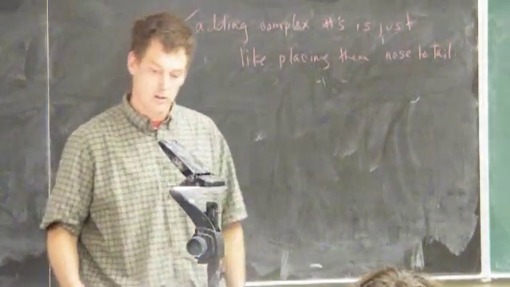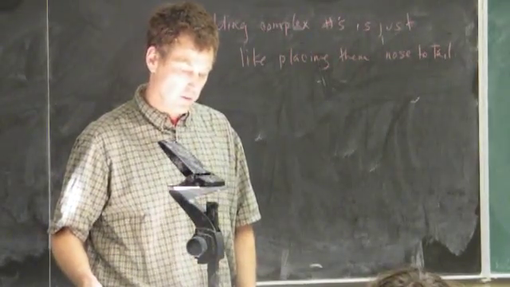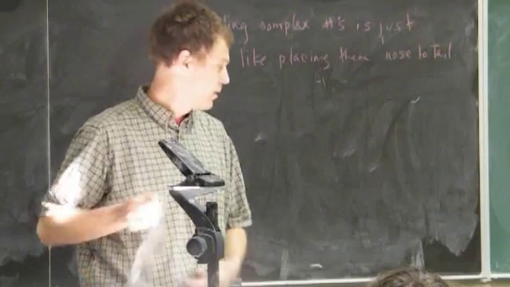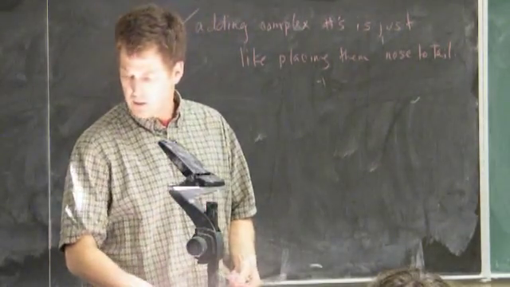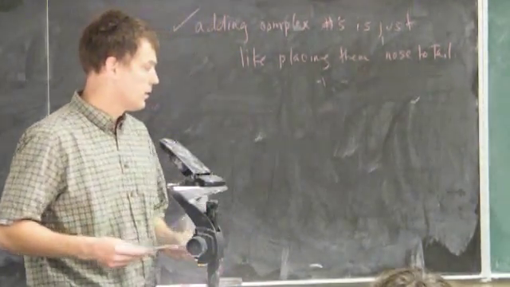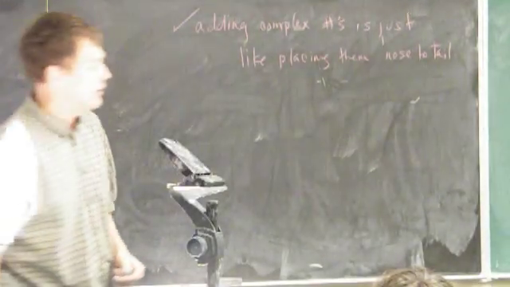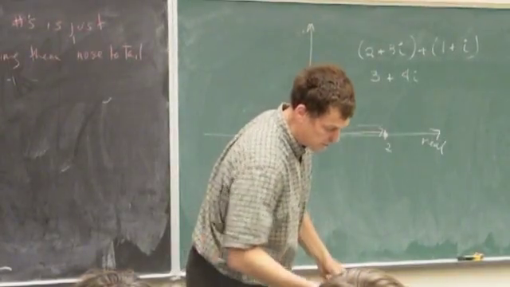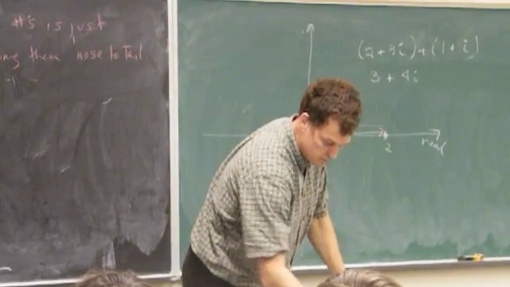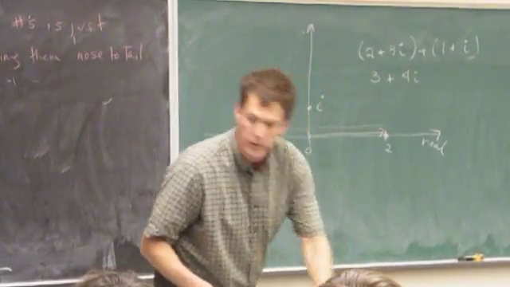So we got a way to add complex numbers. Originally, I was going to have you do it, but I won't have you do that one. But I will have you guys try to figure out what goes on when we multiply complex numbers. So the next thing I want to show you is this one.